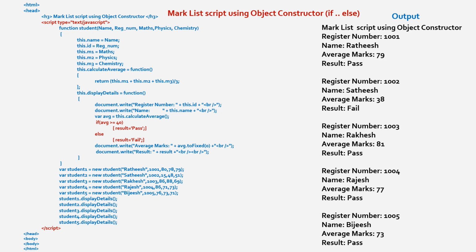The next step is we need to compare the marks. Here we used the if-else control structure for comparing the marks. If the average is greater than or equal to 40 marks, 40 being the reference marks here, the result is assigned as pass; else the result is assigned as fail.